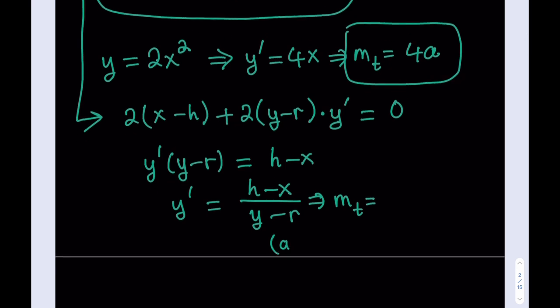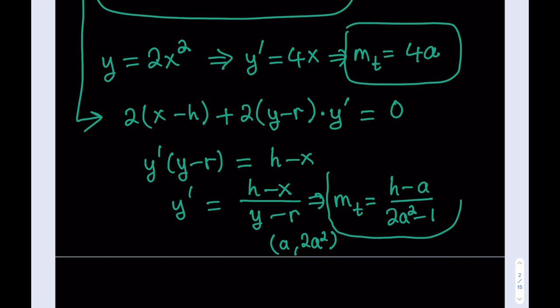Well, the tangent is at (a, 2a squared), as you know, right? So h is unknown, x is a, and y is 2a squared. And remember, the radius is 1. So that's going to be my slope of tangent from the circle's perspective. Awesome. Now, these two have to be the same because the parabola is tangent to the circle, or the circle is tangent to the parabola.